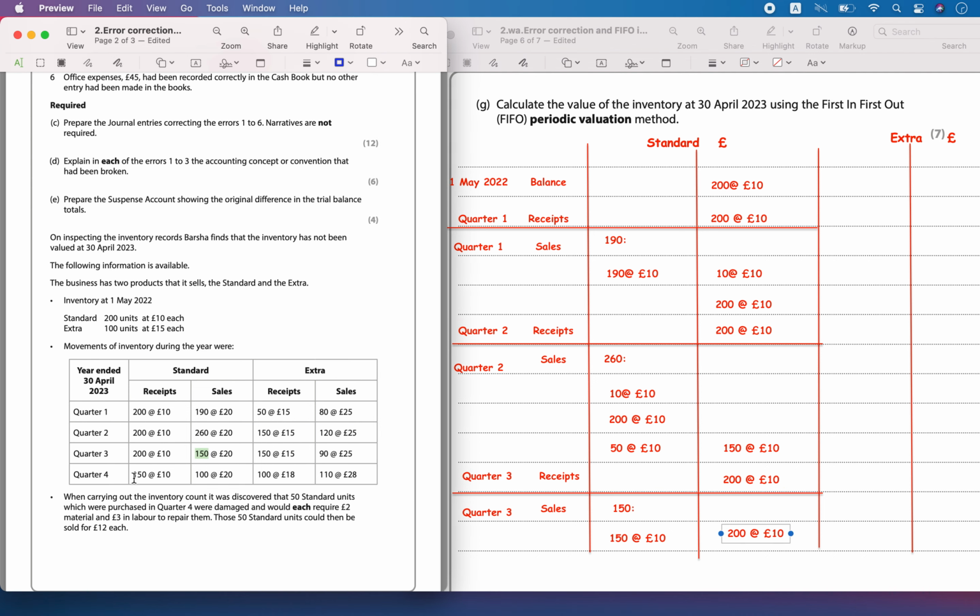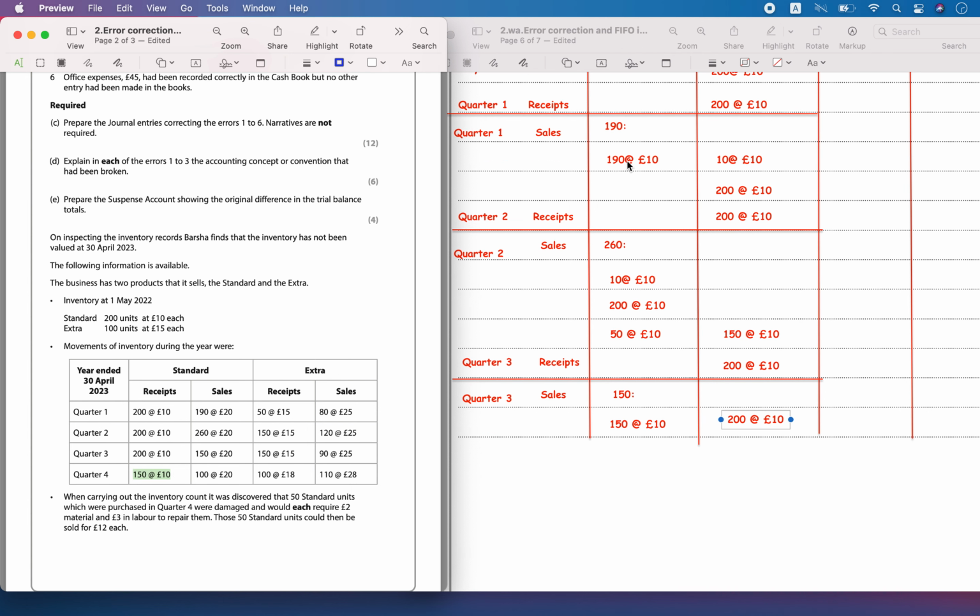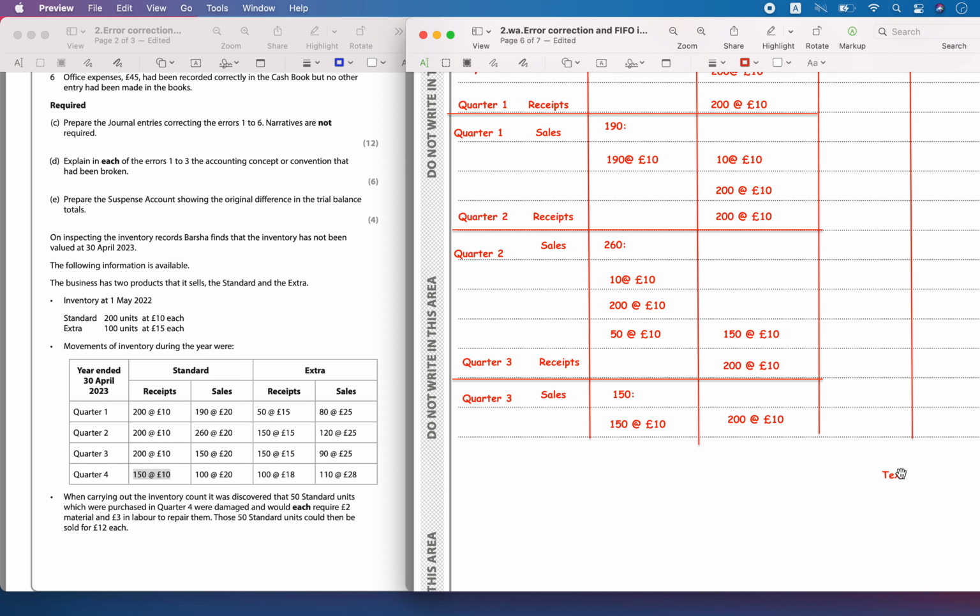Then in quarter 4 purchases were 150 at 10 pounds. But for these units, 50 had got damaged, which means 100 will be at 10 pounds. For the 50 units we have to adjust, because the selling price was 12 pounds and the repair costs were 5 pounds.